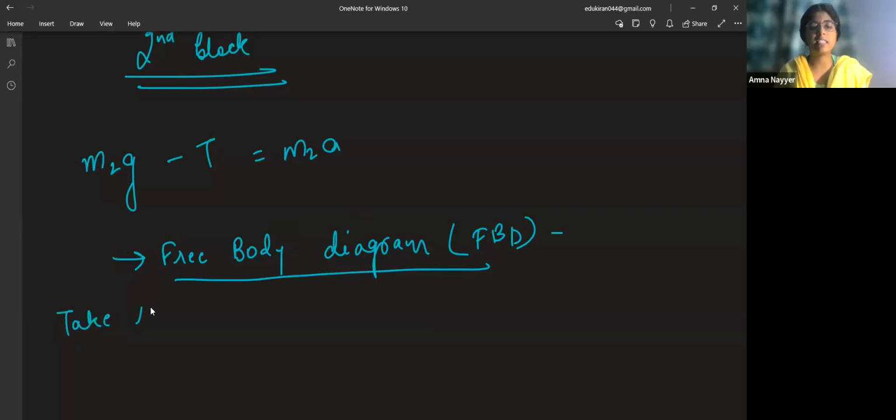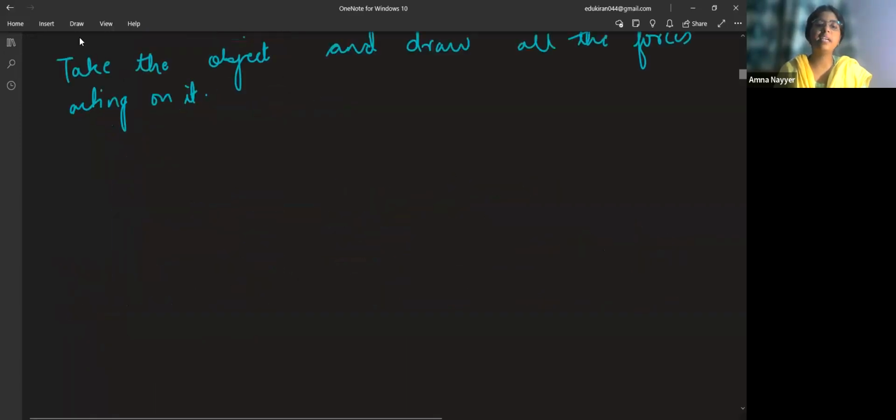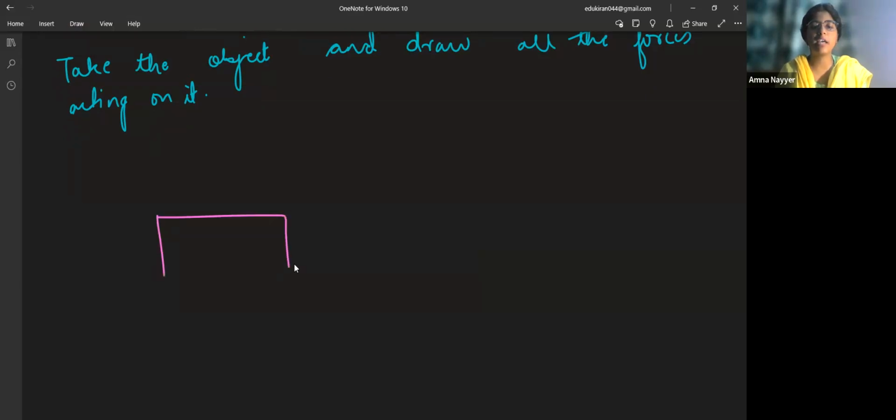Step one is take the object and draw all the forces acting on it. For example, if I talk about the FBD of block 1, this is block M1.